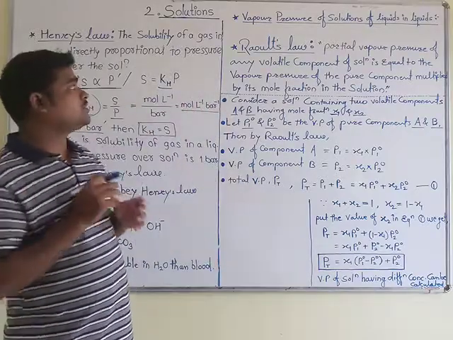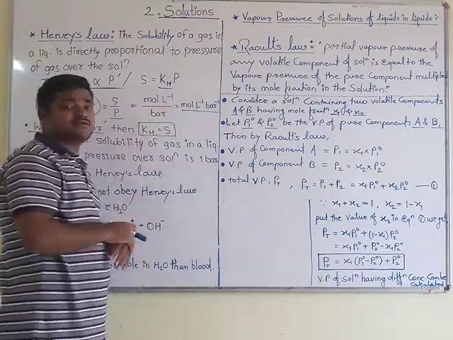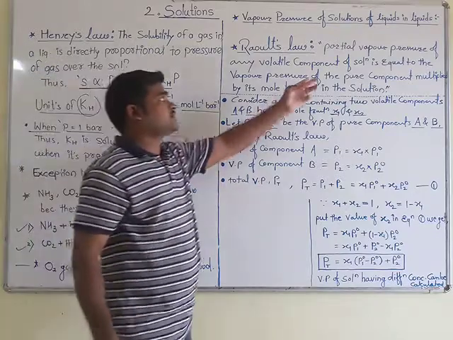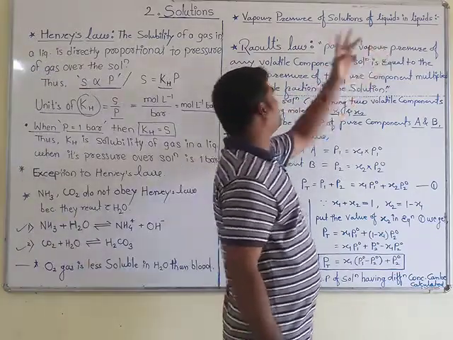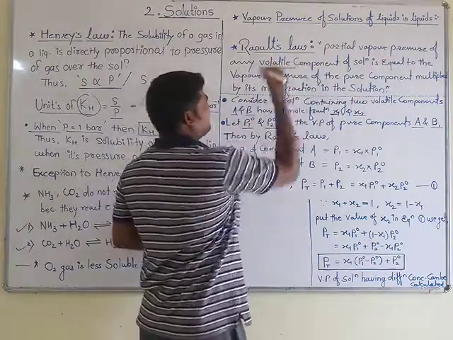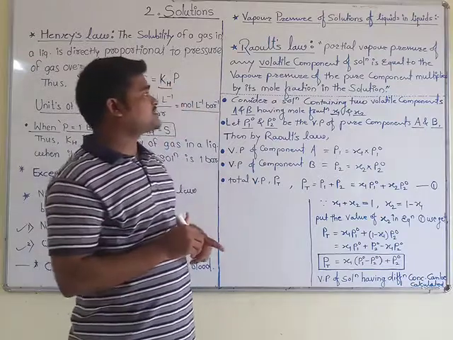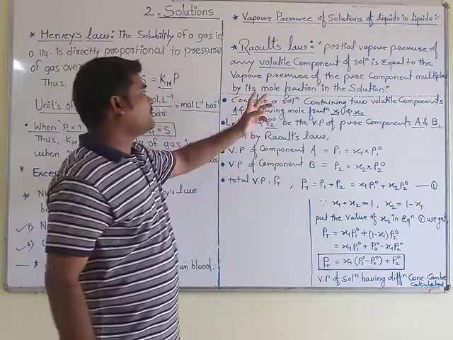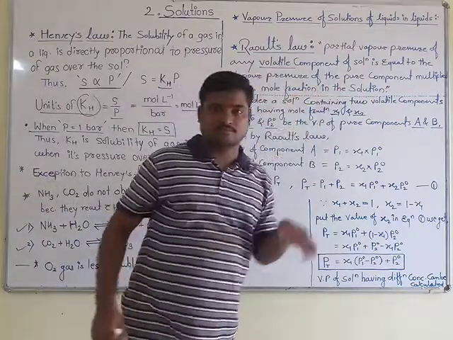So let us see Raoult's law. What Raoult's law states is that the partial vapor pressure of any volatile component of a solution is equal to the vapor pressure of the pure component multiplied by its mole fraction in the solution.